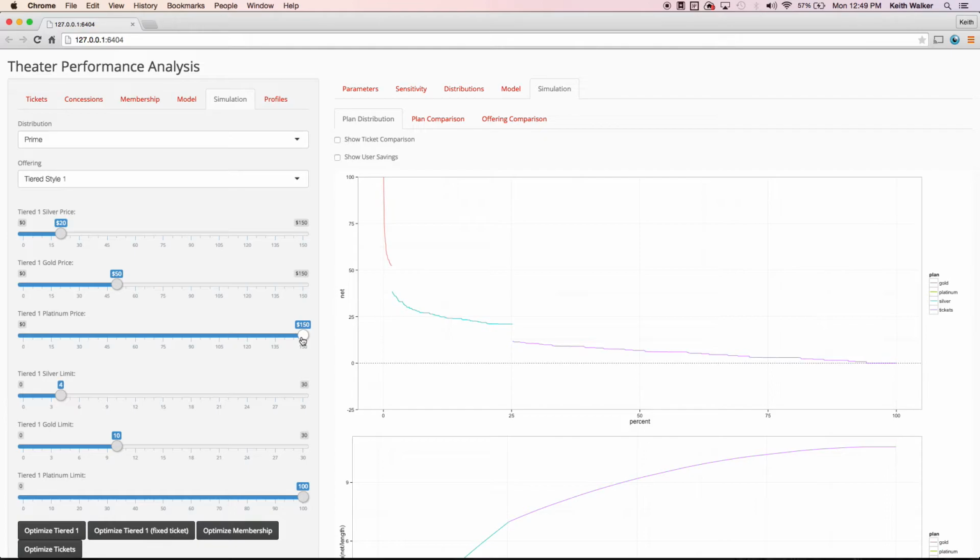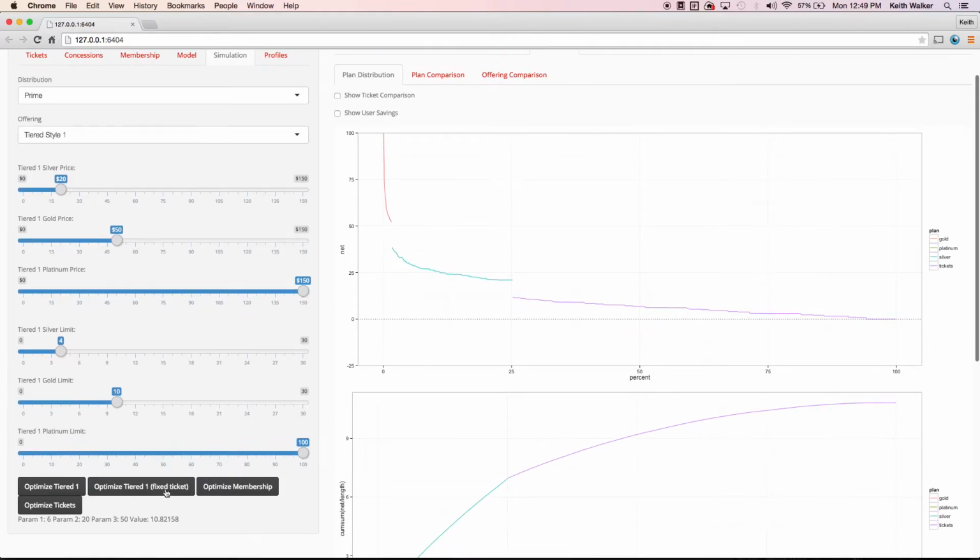So I'm going to run this one more time, and this will optimize the platinum dial as well. So there's another optimization routine that I have written in here, which just plays with these 3 knobs and leaves the price the same, which we can rerun as well based on your ticket price if we don't want to adjust your ticket price.